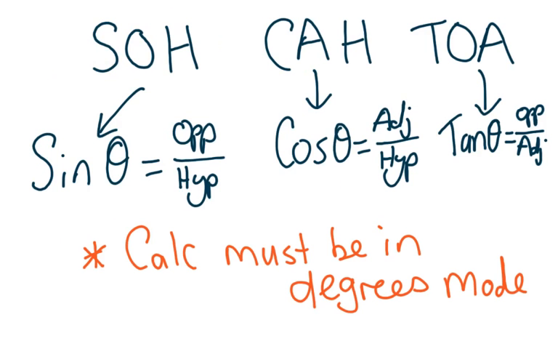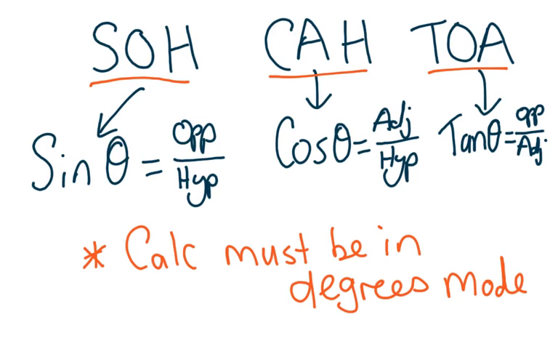Moving on to our next slide, we now can have a look at the acronym that we use, which is SOHCAHTOA. We use this to help us identify the three rules that we can pick.